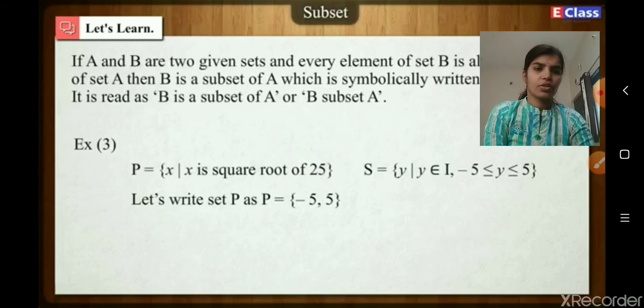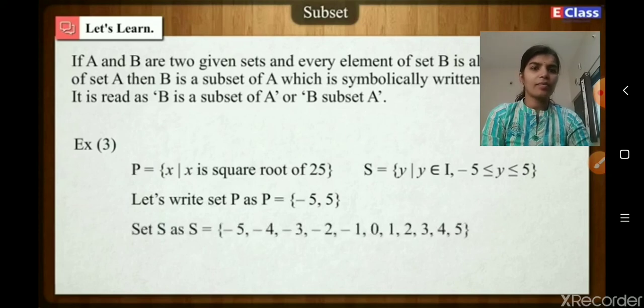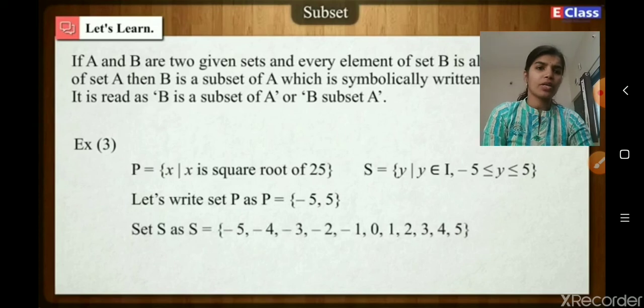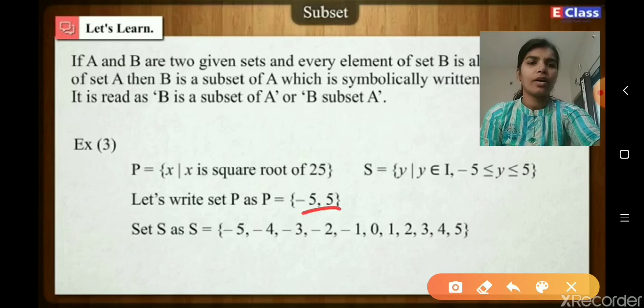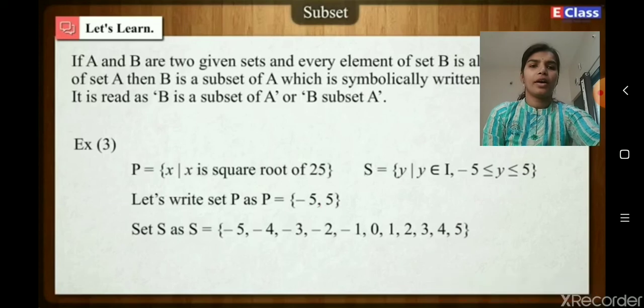So these two are the sets given to us. In set P we write minus 5 and 5, and in set S minus 5, minus 4, minus 3, minus 2, minus 1, 0, 1, 2, 3, 4, 5. You check that the elements of P are present in the elements of S. That means P is a subset of S.